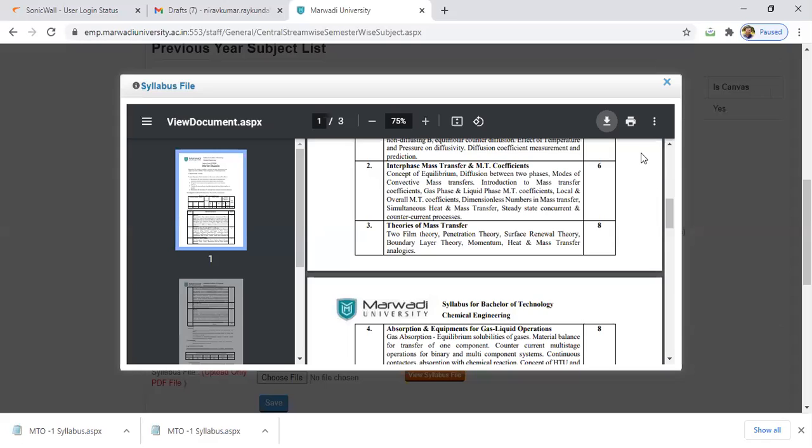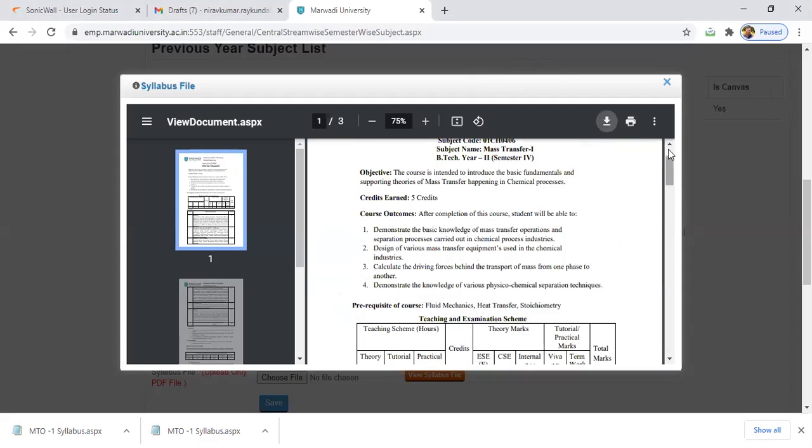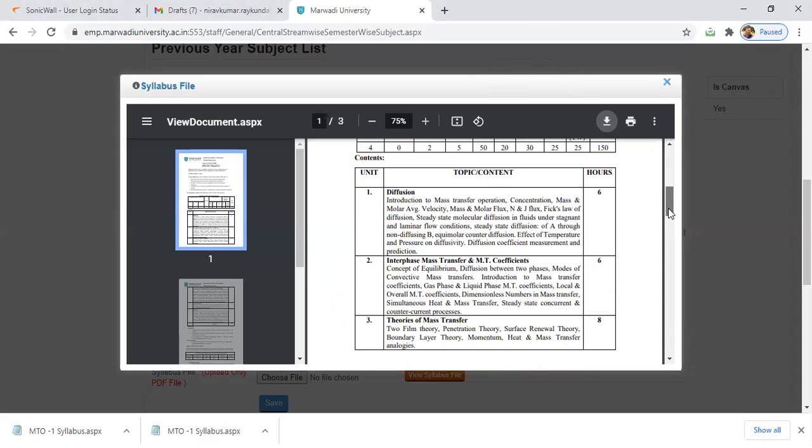Very good morning, students. In the previous class we ended chapter number 1, that is diffusion. We finished the introduction of mass transfer, the N and J types of flux, fixed flow of diffusion, and the study of molecular diffusion.